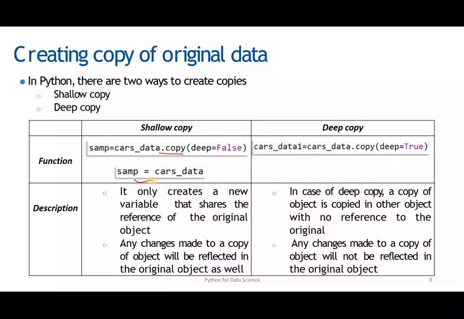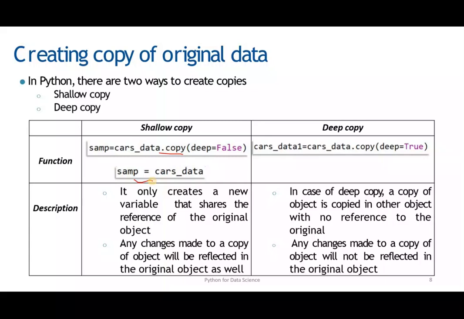So shallow copy means, if you are doing a shallow copy, it only creates a new variable and shares the reference of the original object. So you can say it does not create a new object at all. And also any changes made to a copy of the object will be reflected in the original object as well.